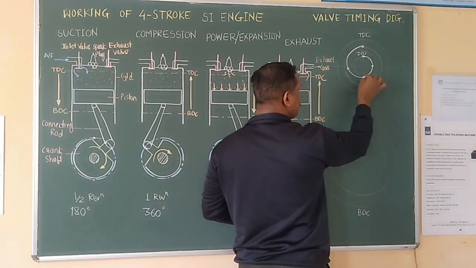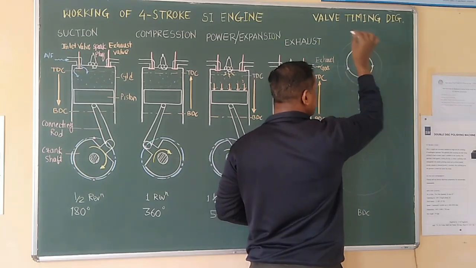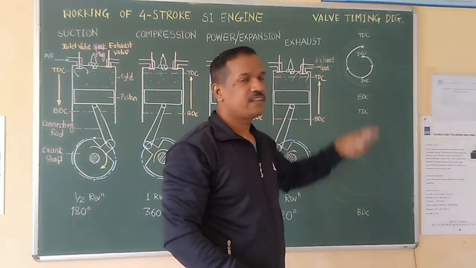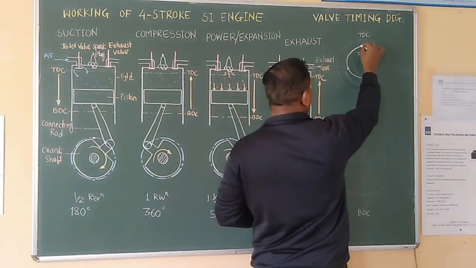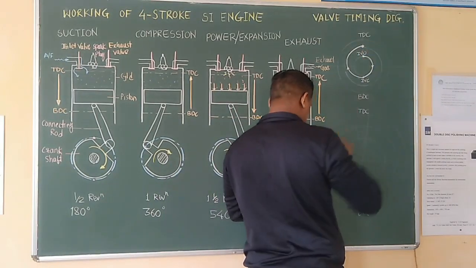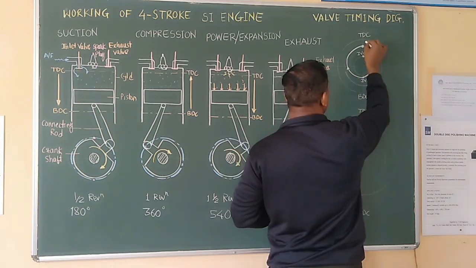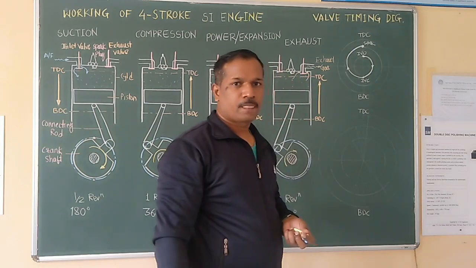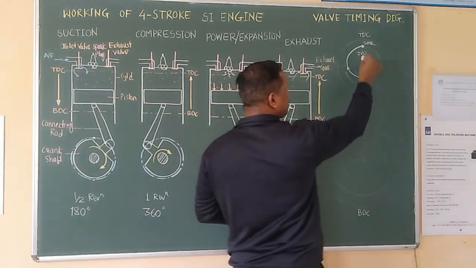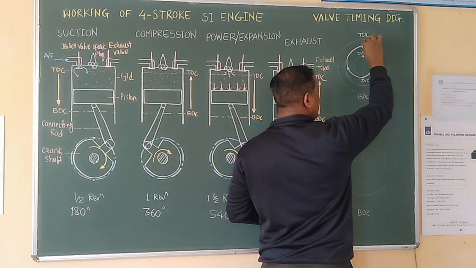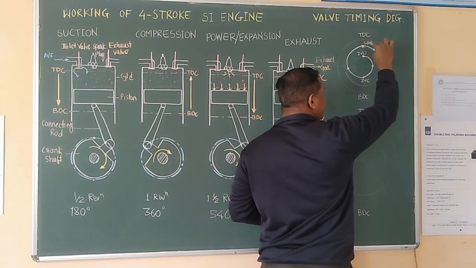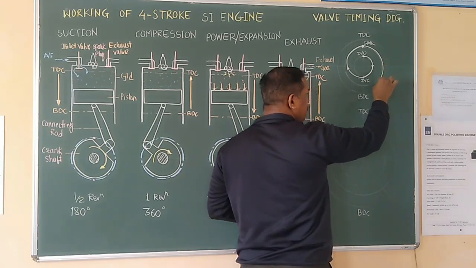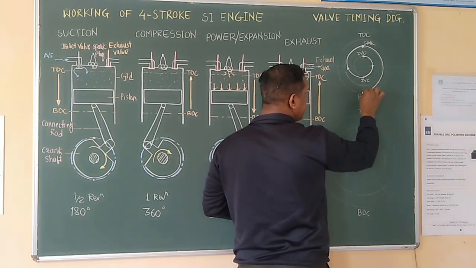when the piston moves from BDC to TDC, there is compression, another 180 degree. So at the end of compression a spark is produced. So this is the spark point. When the spark is produced, the whole charge tries to expand, and this expansion force is applied on the piston, and the piston moves from TDC to BDC.